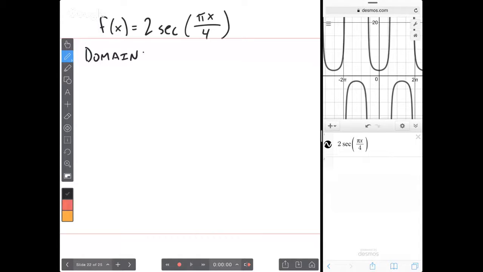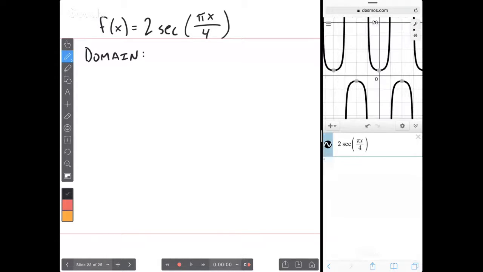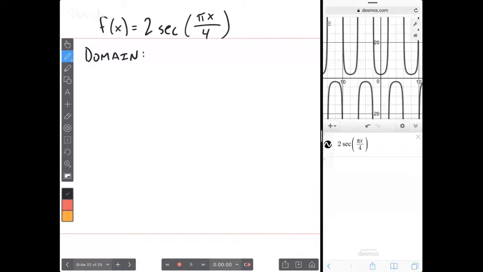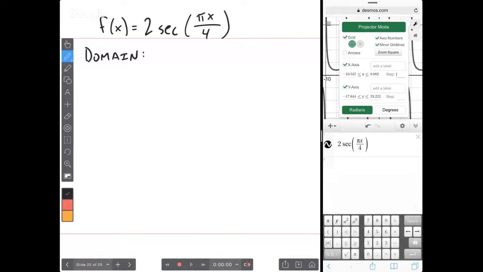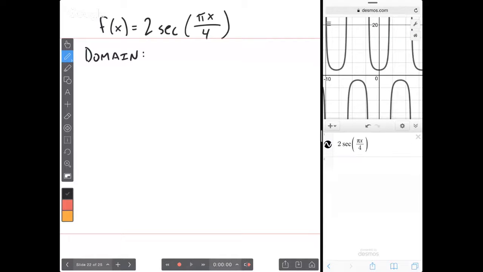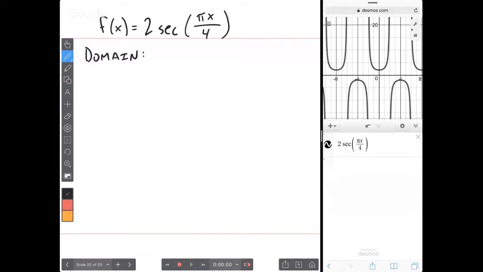Domain. Okay, so I'm going to turn this off, stepping by pi. Step by 1. So, Mary, you don't want me to change the amplitude?